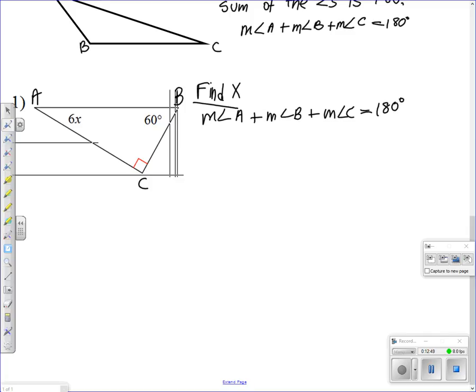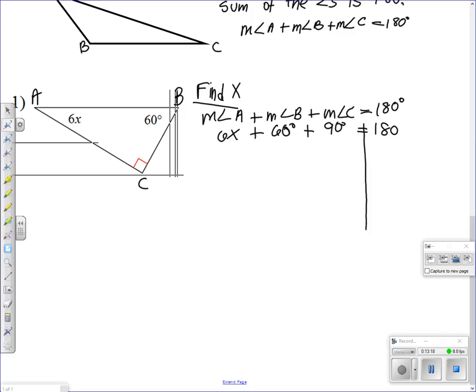So substitute them. What is the measurement of angle A? Measurement of angle A is 6x, plus the measurement of angle B. Angle B is 60 degrees, plus the measurement of angle C. It doesn't say, but this symbol means that it's a 90 degree angle. The right angle is 90 degrees, and that's equal to 180.